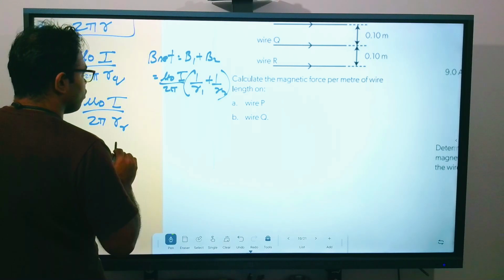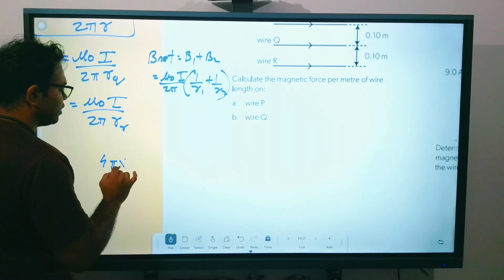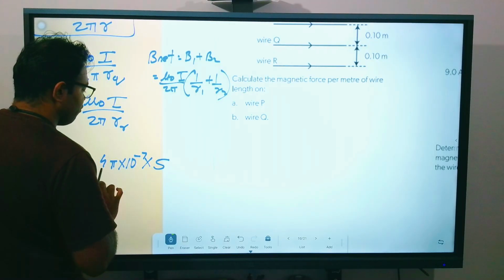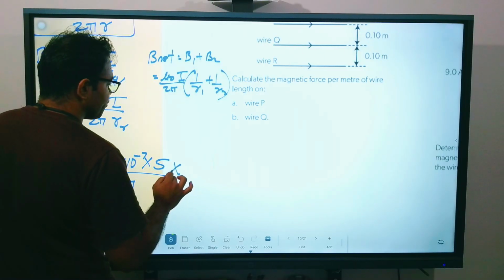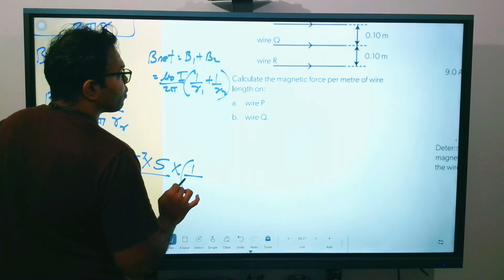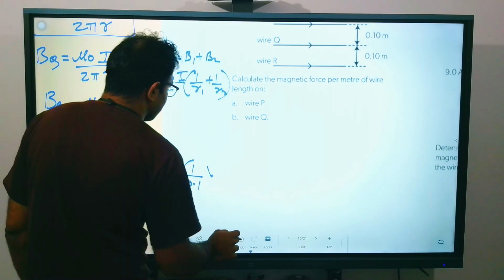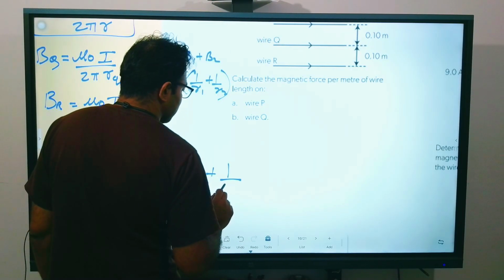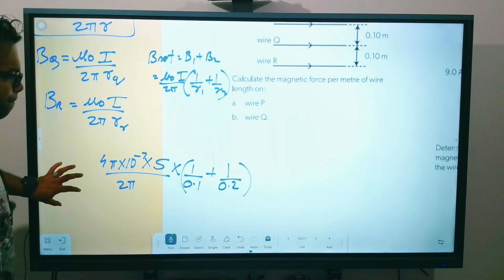What is the value of mu naught? 4 pi into 10 to the power minus 7 multiplied by 5 upon 2 pi into 1 upon 0.1 plus 1 upon 0.2.